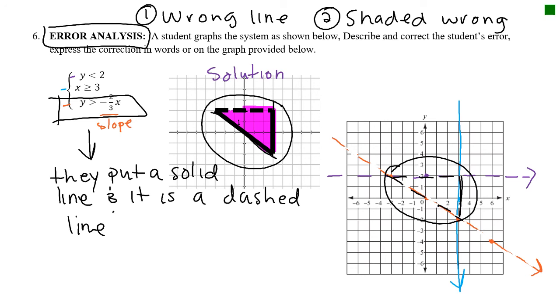You need to write which of these three inequalities is wrong. Make a circle, make a square on it, I don't care. But you need to tell me which of those three inequalities is wrong, and you need to tell me why. Is it because of the shading or because of the line? Once you figure out that it's the line, we don't have to worry about the shading. So I'm done with this problem.